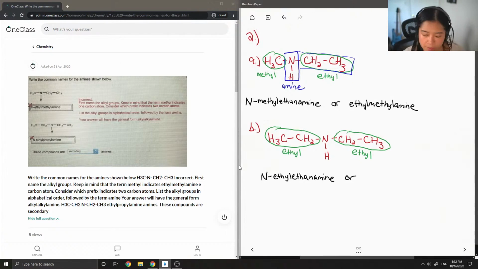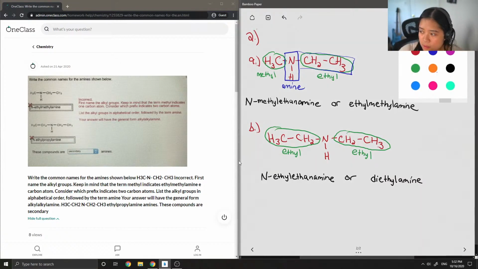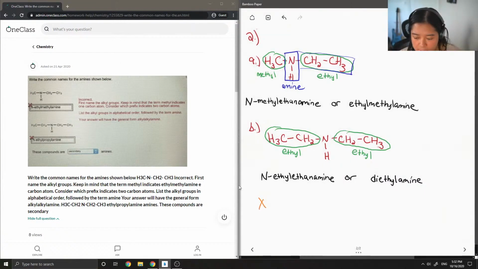Or if you want to do it like the other way, in this case, since there's 2 ethyl groups, I'm going to be using the prefix di. Diethylamine. Okay, so that's the second part. And then both of these compounds, I'll just write down, are secondary amines.